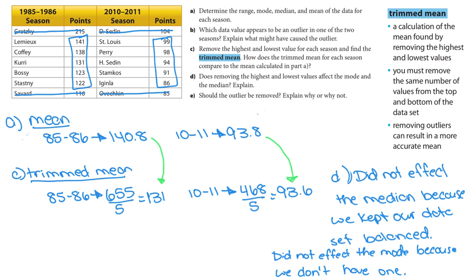But if you're trying to compare average points between seasons, maybe eliminating those outliers gives you a more accurate look. So it's really a personal opinion on whether you remove the outliers or not, and it should be based on what kind of information you're trying to determine.